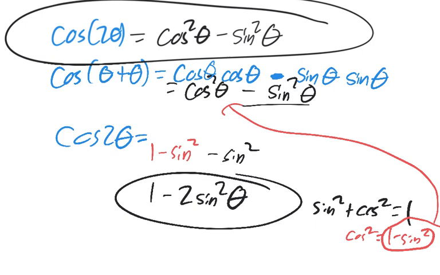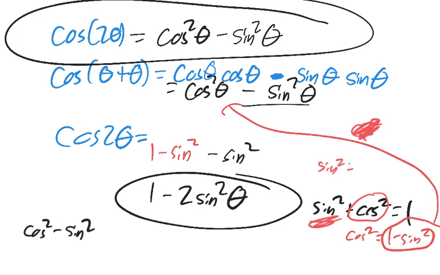Or, going back to the first one I found, what if I isolated for cosine squared? Well, that's what I already did. Scratch that. What if I isolated for sine squared? That would tell me sine squared equals 1 minus cosine squared.